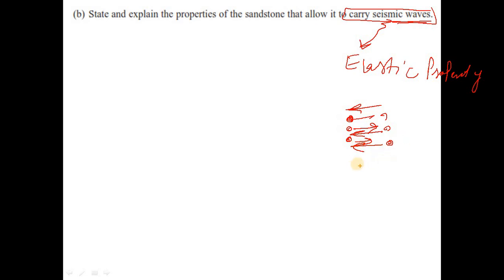So that's the mechanism of the flow of a wave. Go forward, take the energy, transfer energy and come back to the original position. That means if a material has elastic property, it can carry a wave. So sandstone is an elastic material, or it has elastic property.